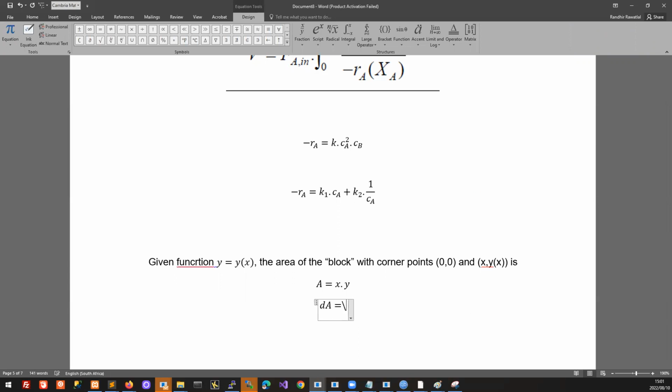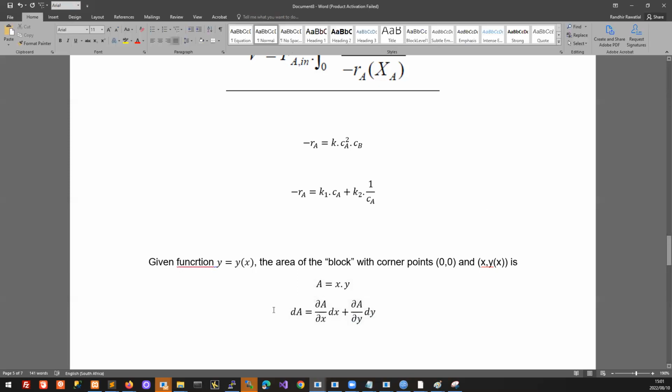dA. We can do this as partial A partial x dx plus partial A partial y dy. Right, you agree that as we consider different x and y values, the change in area looks like that. And so partial A partial x, you can see, is simply y.